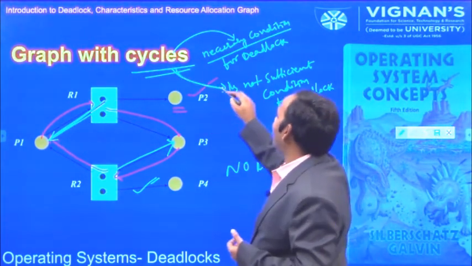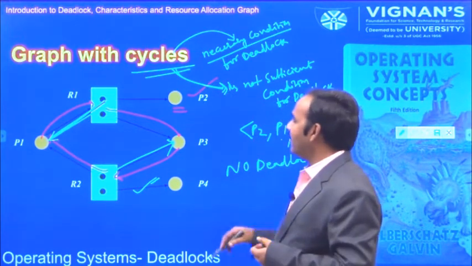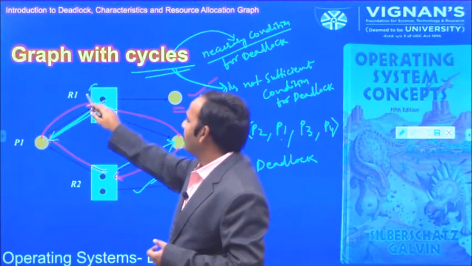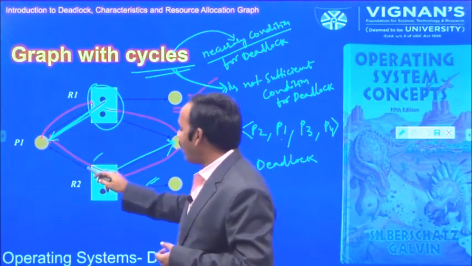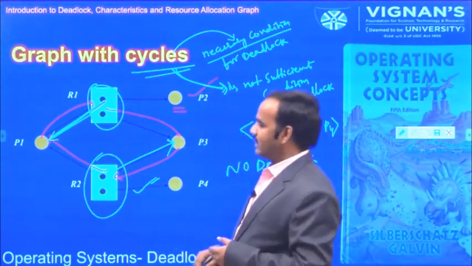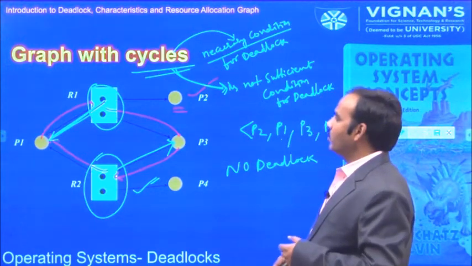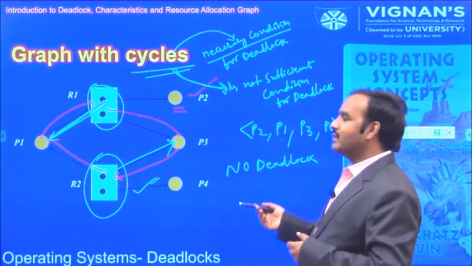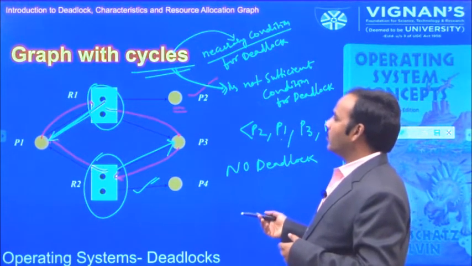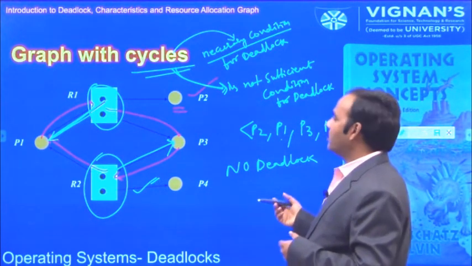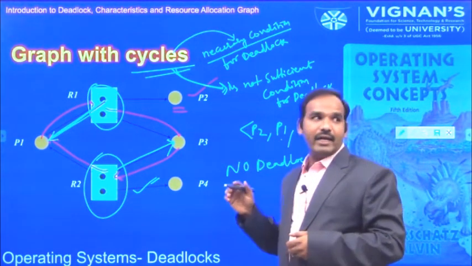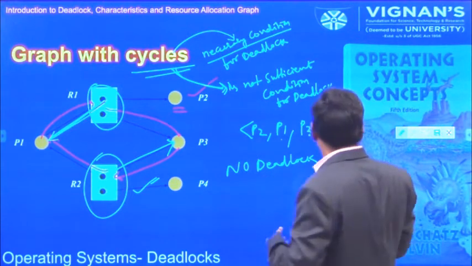The reason is that here R1 contains 2 instances and R2 also contains 2 instances. So if the cycle exists in a multiple instance resource allocation graph, the cycle is not a sufficient condition to find the deadlock.